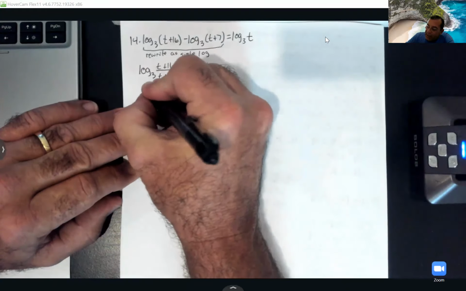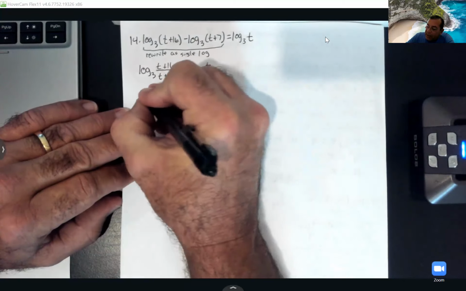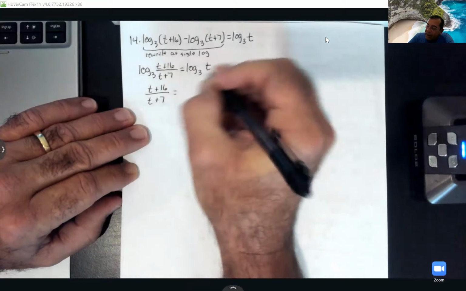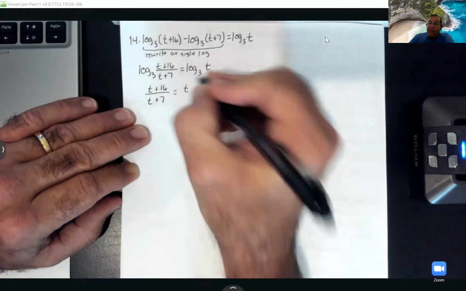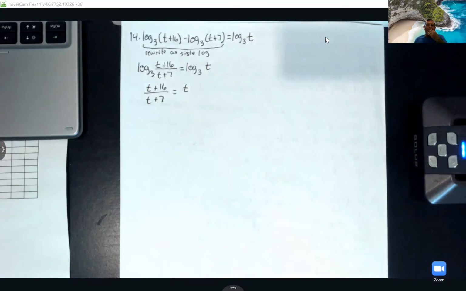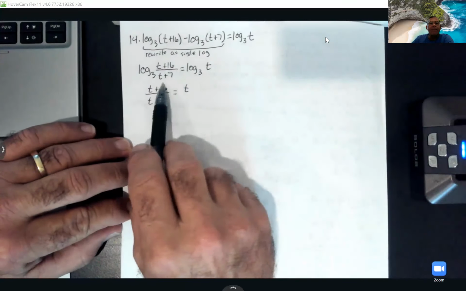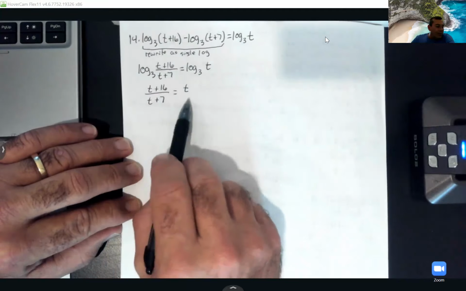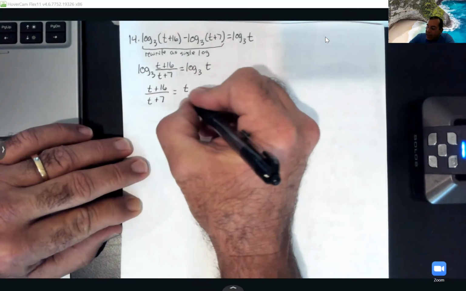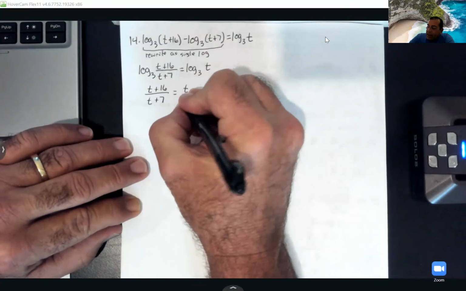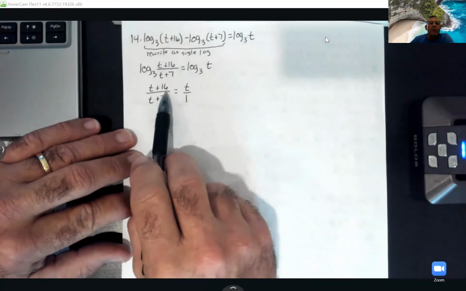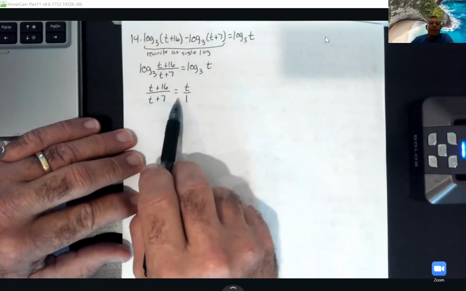So this t plus 16 over t plus 7 equals that t on the right side. Okay. Now, to solve this, I'm going to make the t look like a fraction and put a 1 under it. Now, this is what the support for 9/6 will have you doing.